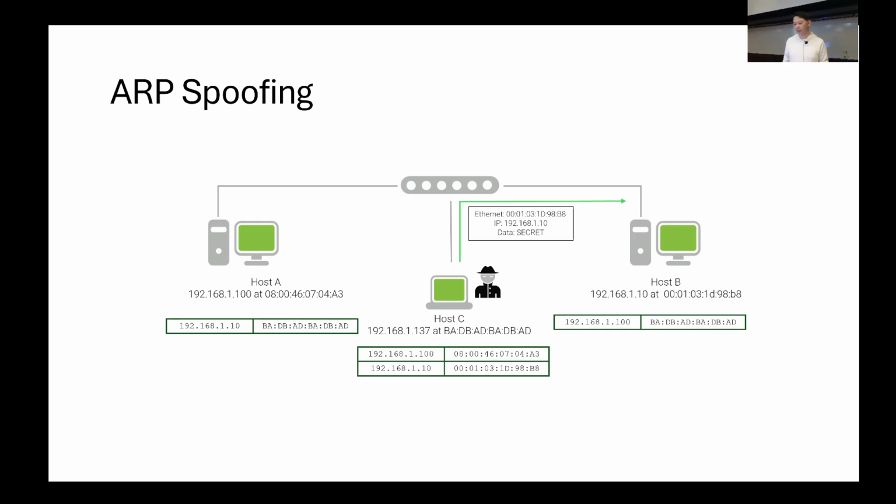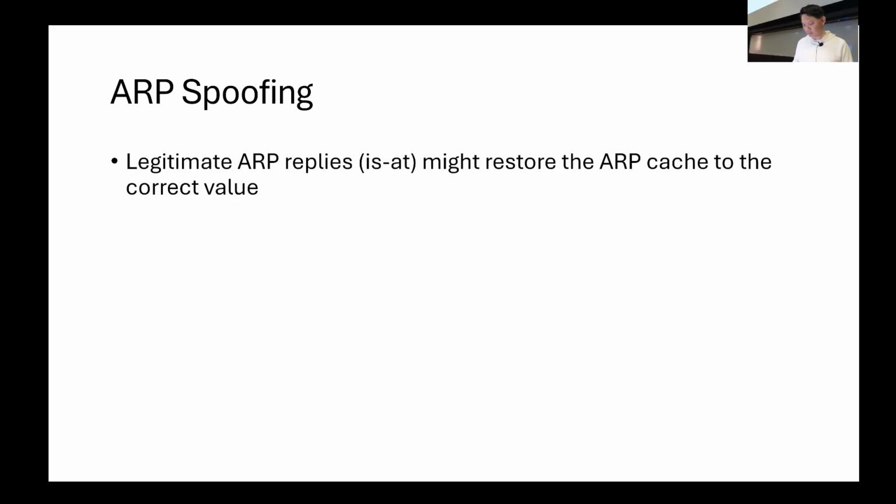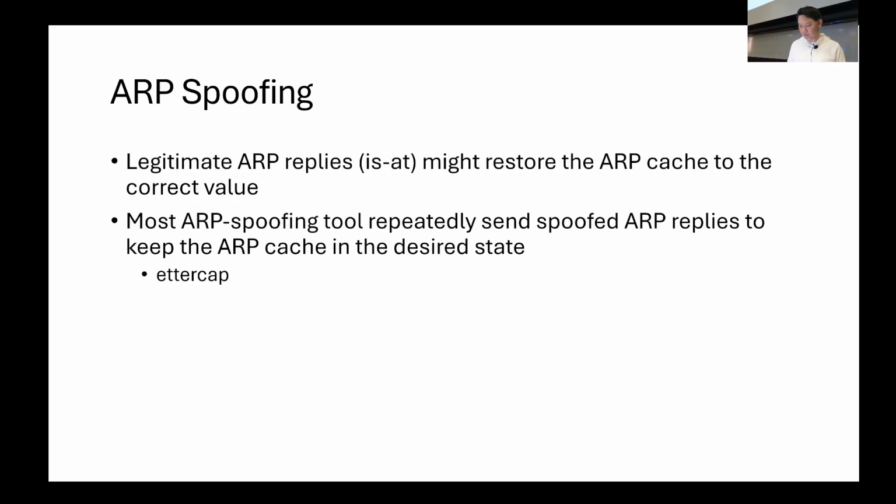So how can you do that? ARP spoofing uses the ARP reply, the "is at" packet, so that it overwrites the ARP cache with a fake value. Most ARP spoofing tools send repeatedly because each entry has a time threshold, the time to live (TTL) information.